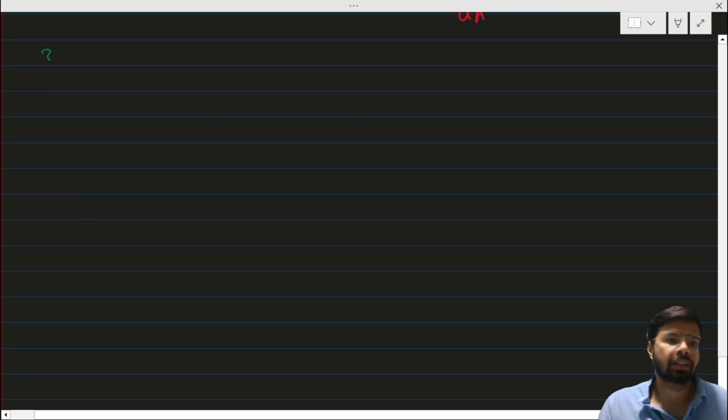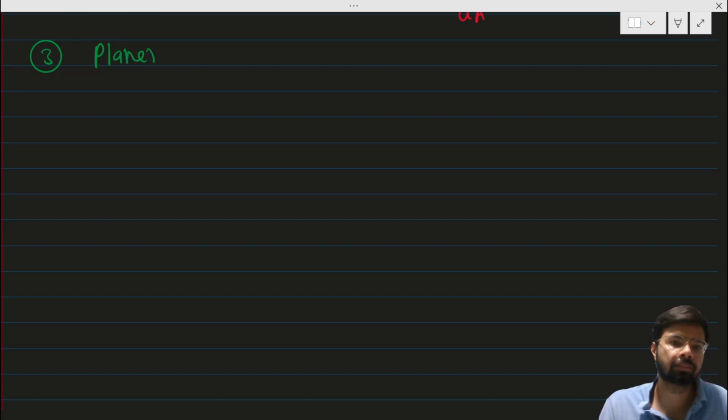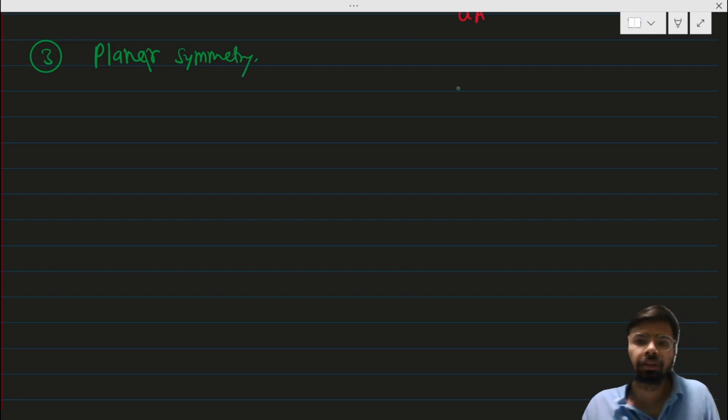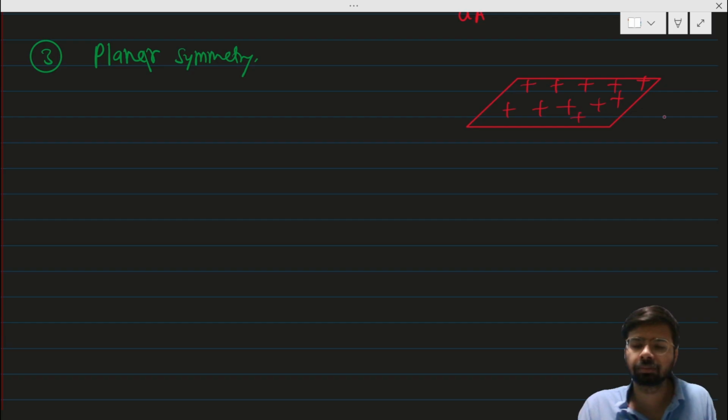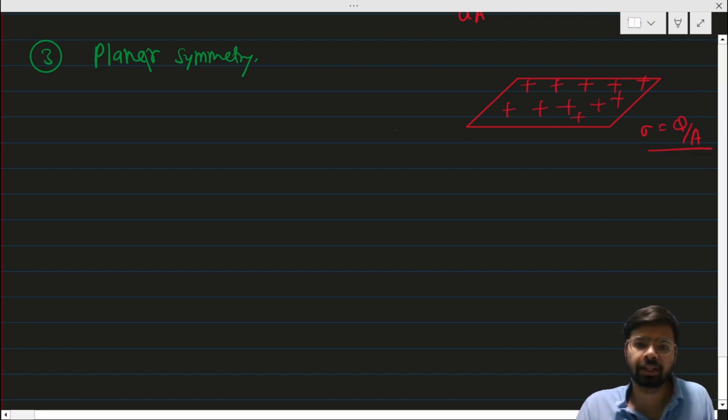Let's discuss another case, planar symmetry. This is a plane having charge density sigma, and this is an infinite plane, so sigma can be said as q by A, and this is infinite.